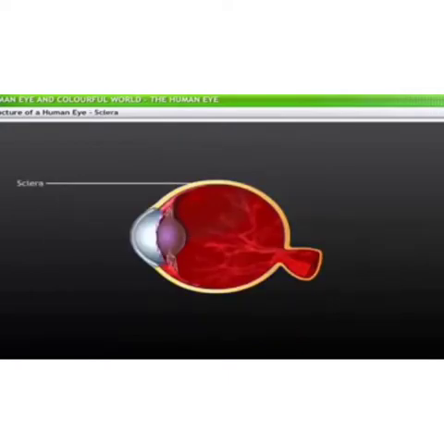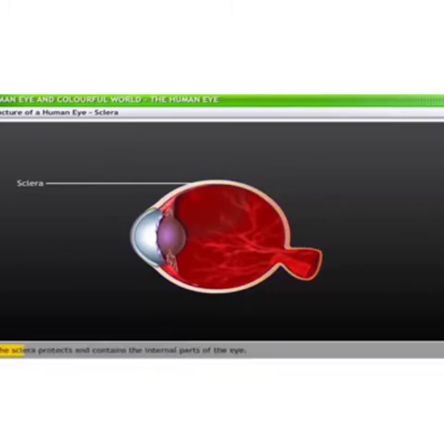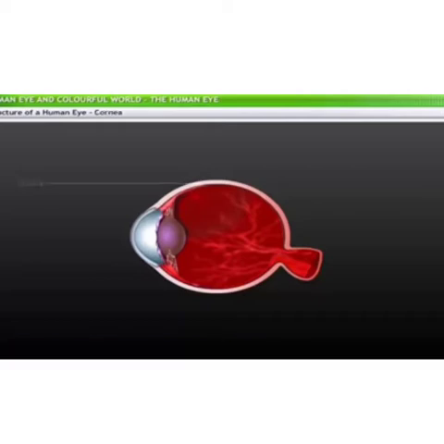Let's start with the sclera, or sclerotic. Sclera is a tough white fibrous tissue that protects and contains the internal parts of the eye. The next part is the cornea, a tough membrane covering the front surface of the eye that is bulged out.